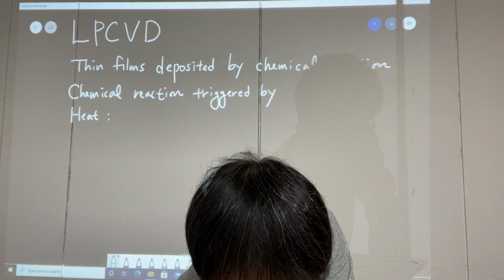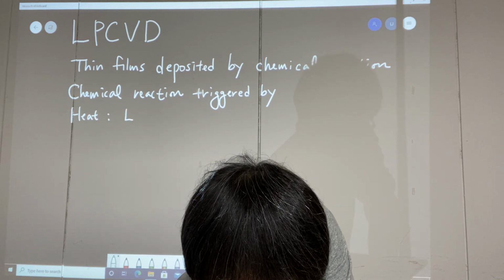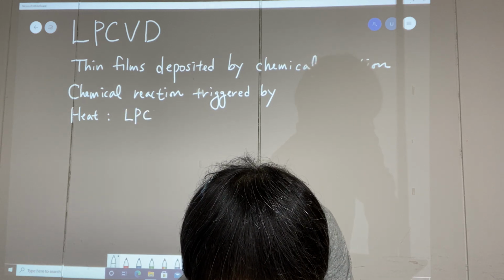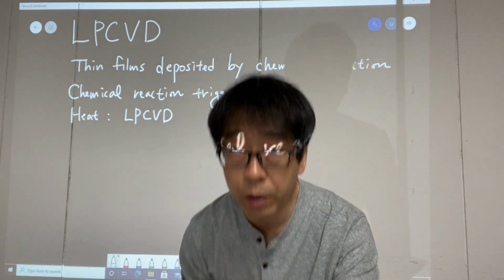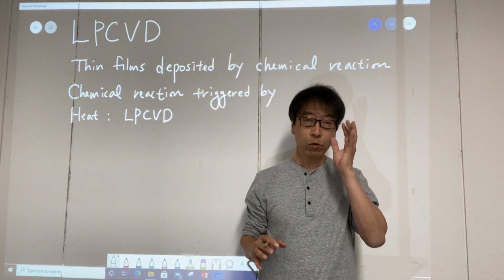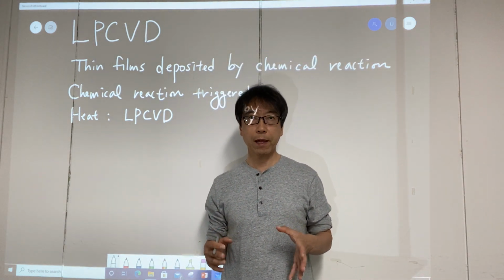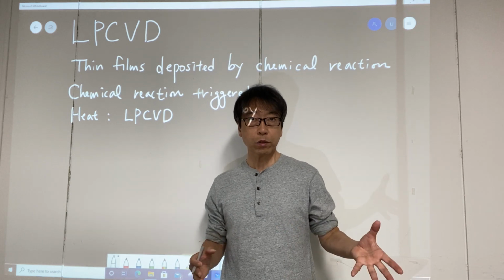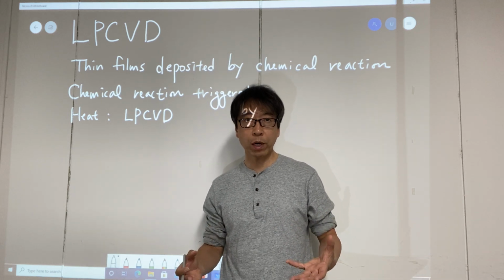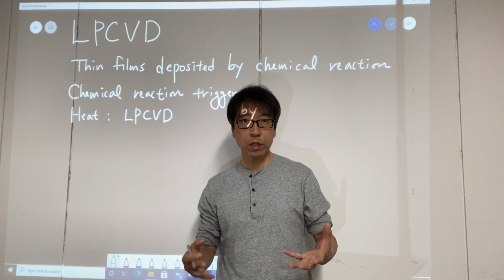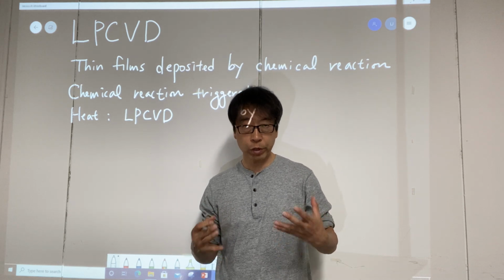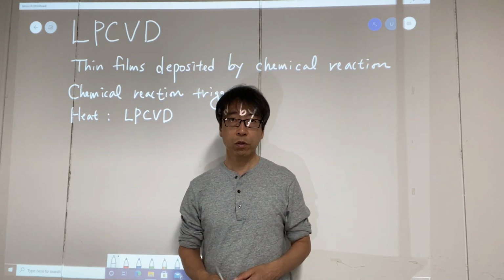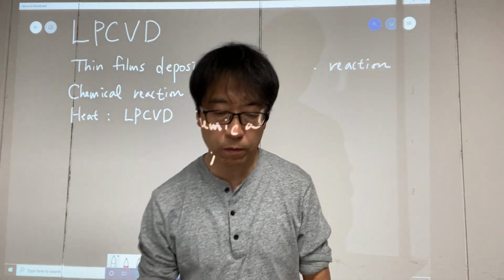Okay? In that case, we call this low pressure chemical vapor deposition, because we lower the pressure to make the molecular mean free path as long as possible to drive the whole process into the process governed by reaction limited process rather than diffusion limited process.